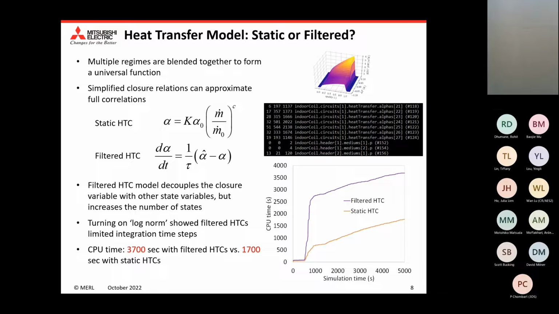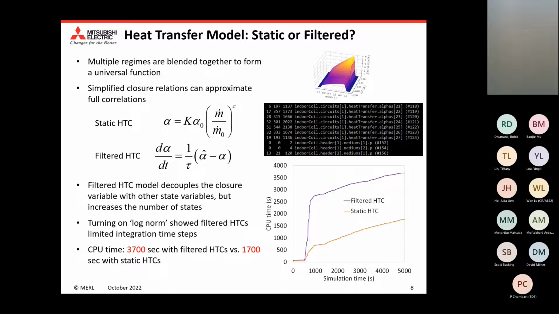So we say, maybe we can use a low-pass filter to decouple the calculation of heat transfer from other state variables. This form really helps to eliminate the spurious numerical oscillations.